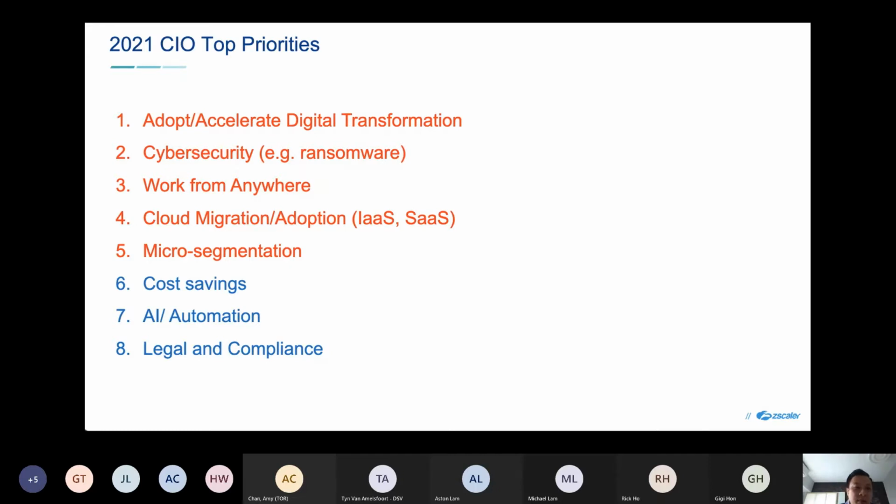That's driving people to consider micro segmentation. Of course, cost saving is another topic. AI, automation, and legal and compliance, especially if you have offices in Europe, right? But you can see that, for the top 5 topics, they're actually very correlated because driving work from anywhere and adopting cloud actually help to accelerate digital transformation.